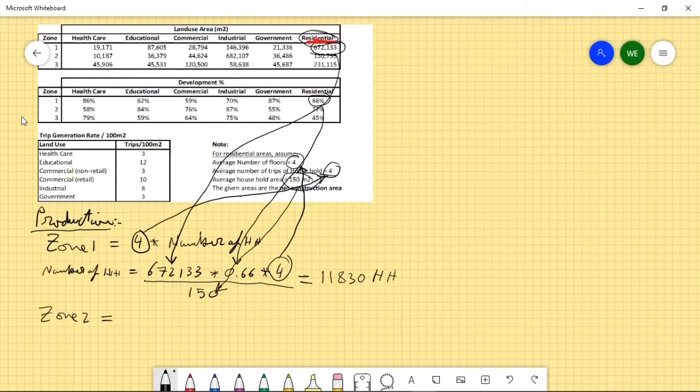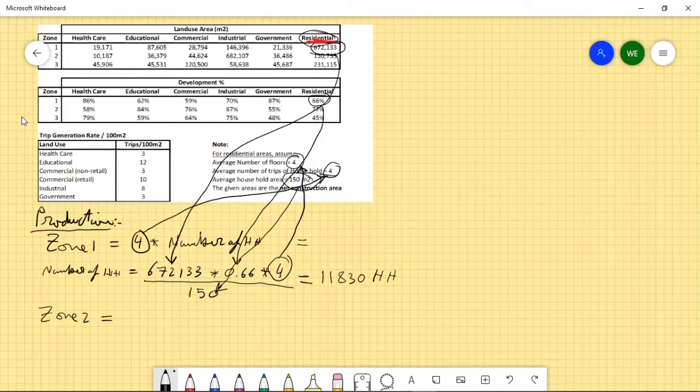Why did we multiply by 4? The 4 here, is it the number of trips? No, the 4 here is the number of floors. Okay, sorry. And the average number of trips is the other 4. So you just follow the lines here and you will see how things are going.